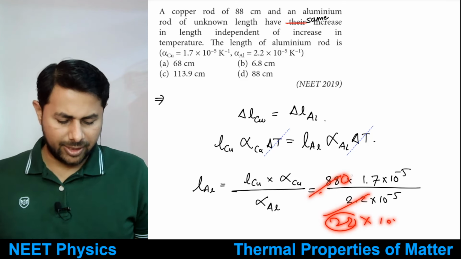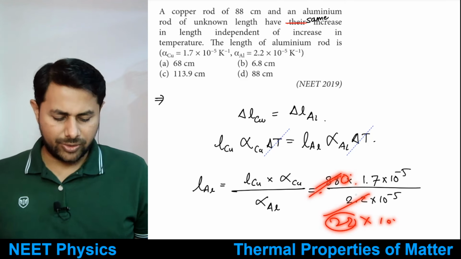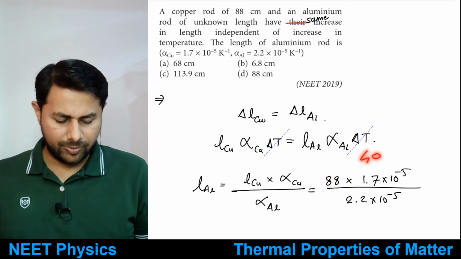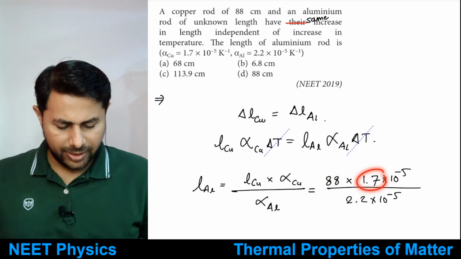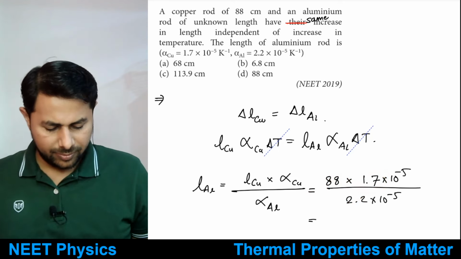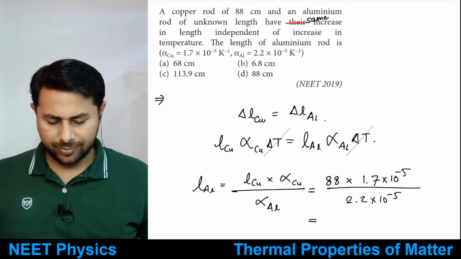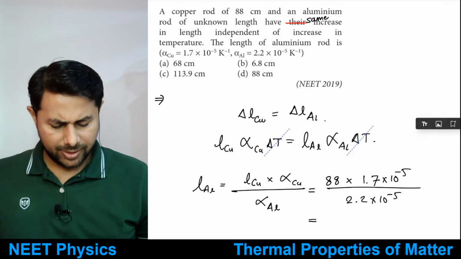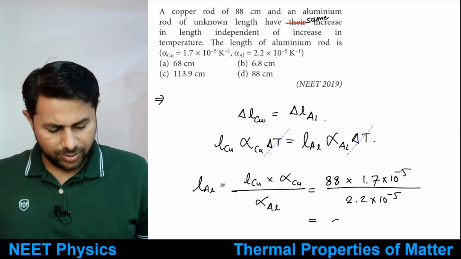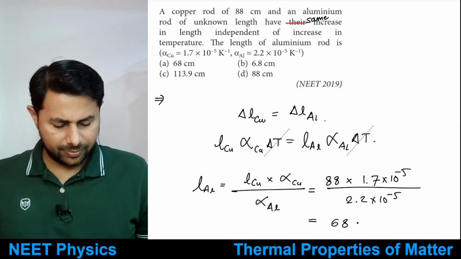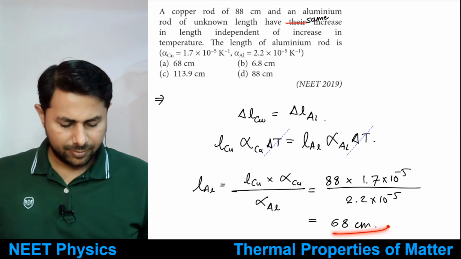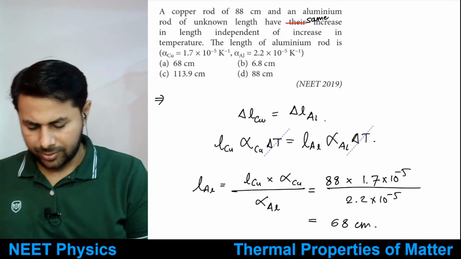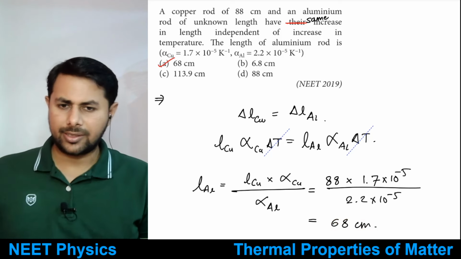So multiply this also by 10. So 88 divided by 22 is 4, so it is 40. So 40 times 1.7. How much is that? 68. Right. So 68 is the answer. So the answer is option A, 68 centimeters.